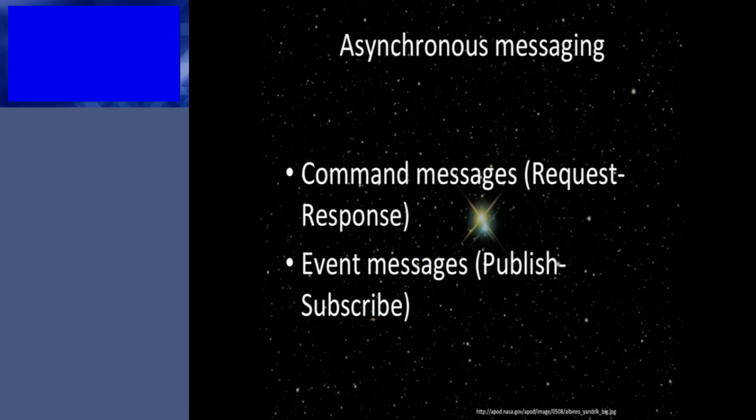And NServiceBus employs two types of messages, which it uses to establish two significantly different message exchange patterns. The first type is a command message, which is used to establish a request-response style of communication. The second type of messages are the event messages, and they are the bricks of a publish-subscribe message exchange.